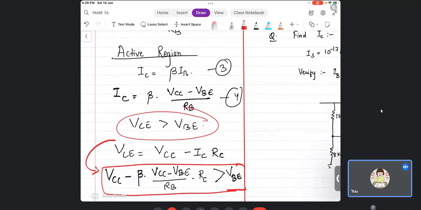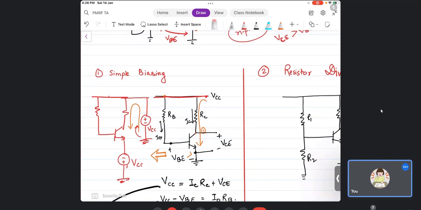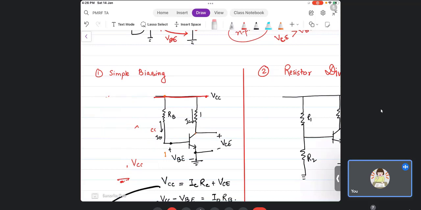I am revising one more time. From where did we start? We started from here. I had a simple biasing circuit. Simple biasing means you simply connect a resistor RB from VCC to the base, and therefore the base is getting a current.